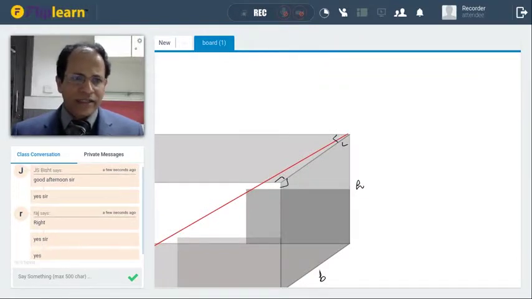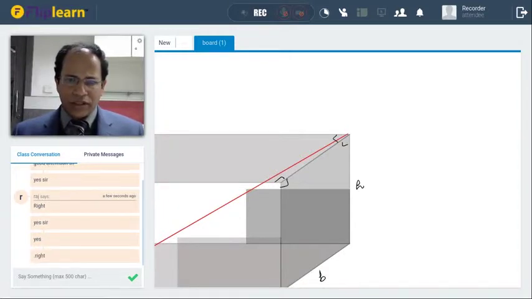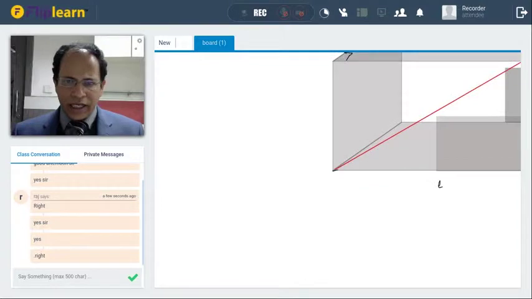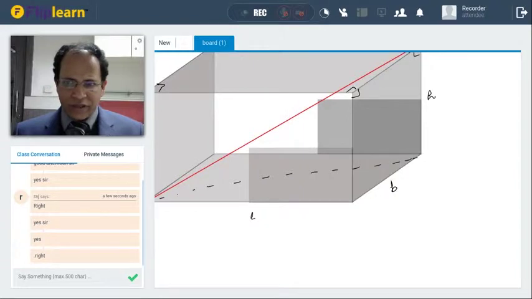They are always rectangles. They are always rectangles, right? So when they are rectangles, that means any line which is lying on this surface, say, right? This is what we have. So this line is always perpendicular to the height.